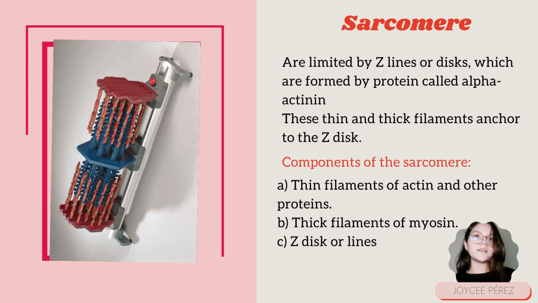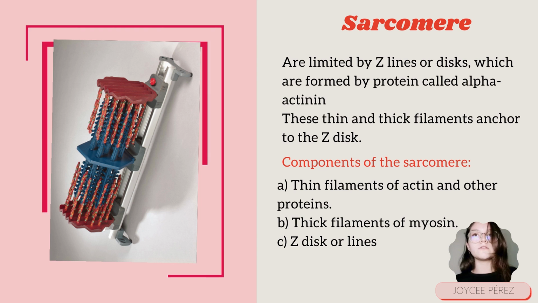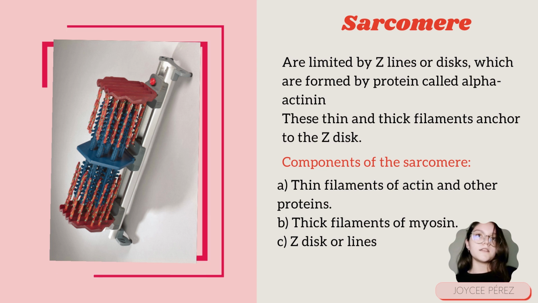Sarcomeres are limited by Z-lines or discs, which are formed by a protein called alpha-actinin. These thin and thick filaments adhere to the Z-disc. Components of the sarcomere: thin filament of actin and other proteins, thick filament of myosin, Z-disc or lines.